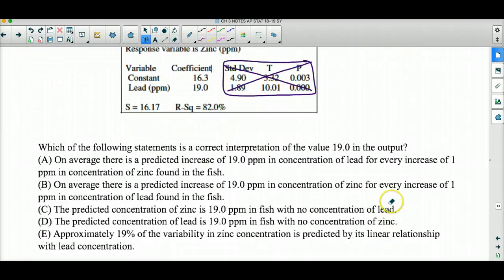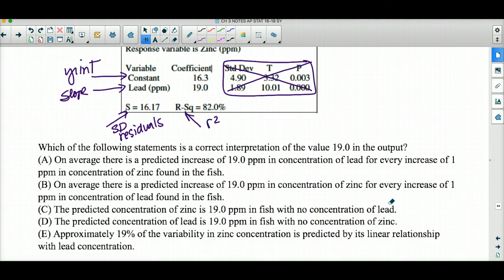So what we have now, what is this known as? Y-intercept, good. And this value is the slope. And this is the standard deviation of the residuals. And this is your R squared, which is your correlation coefficient.